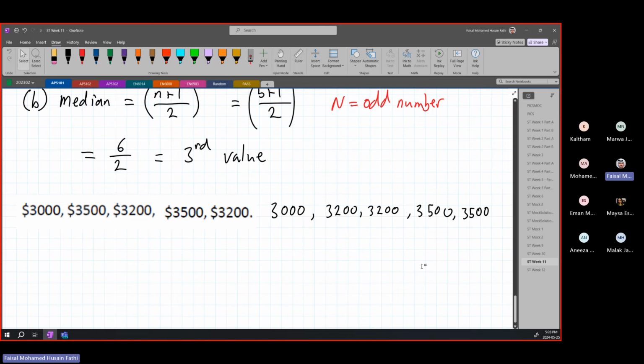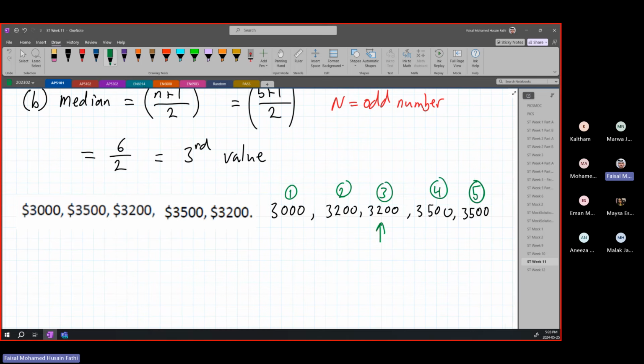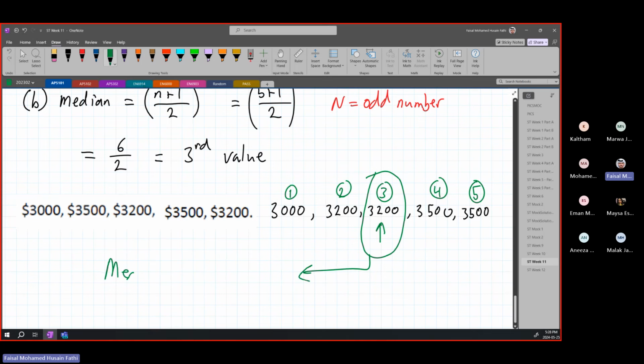And our third value is in the middle over here. So this is 1, 2, 3, 4, and 5. Our third value is this value, which is our median. So median is going to be equal to $3,200. This is our median value.